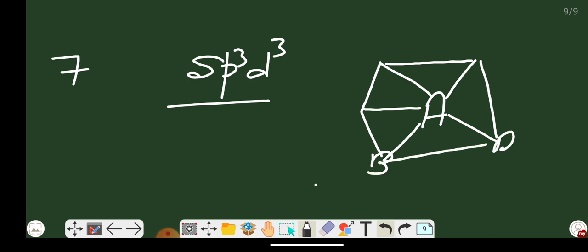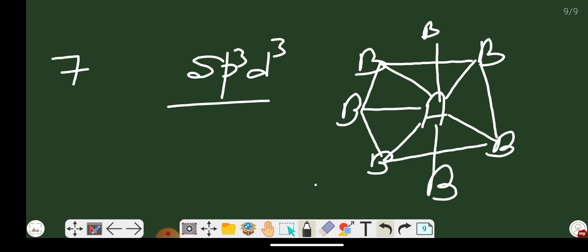B atoms are present, and 2 atoms are present above and below the plane. These 5 atoms, 1, 2, 3, 4 and 5, are in the plane, and these atoms are above and below the plane.